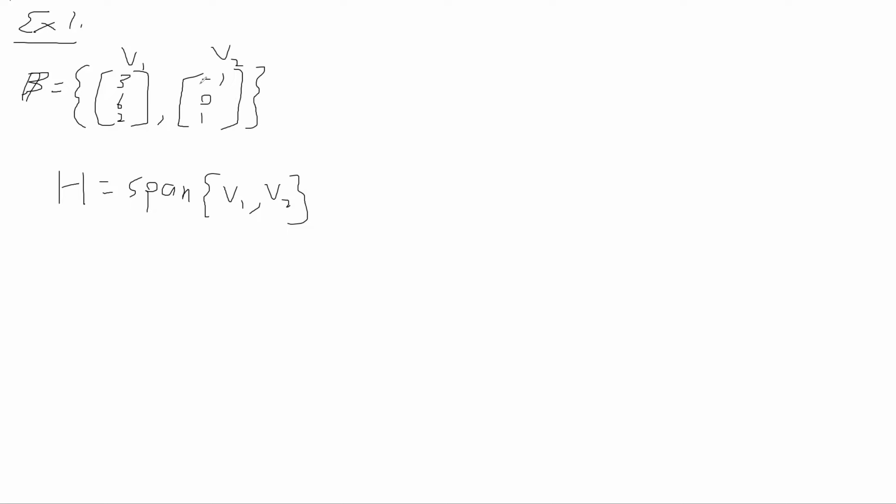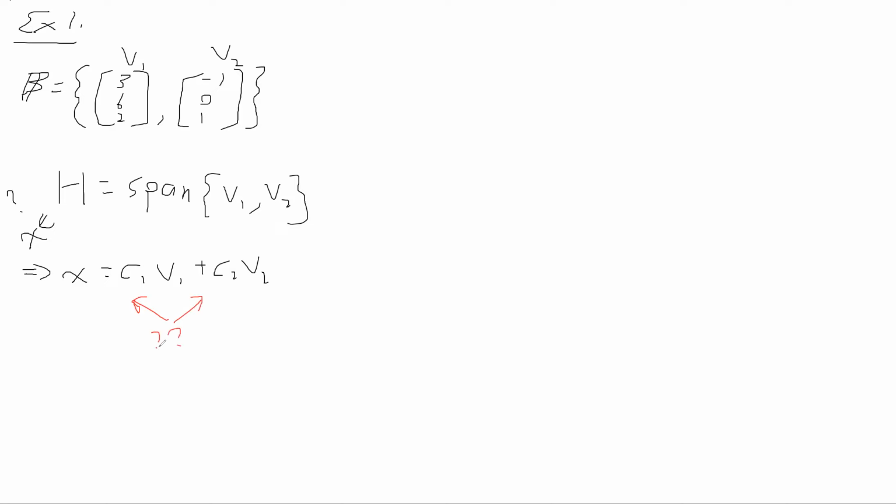And we want to check if x is in here. If the vector x is in the subspace H, that means we can write x as a linear combination of v1 and v2, so some weight c1 times v1 plus c2 times v2. We want to see if we can find these two values, c1 and c2.